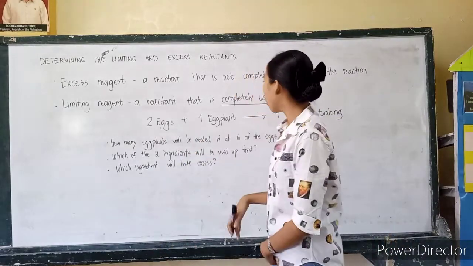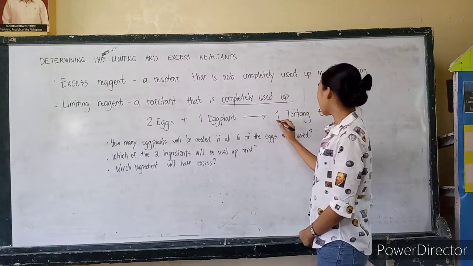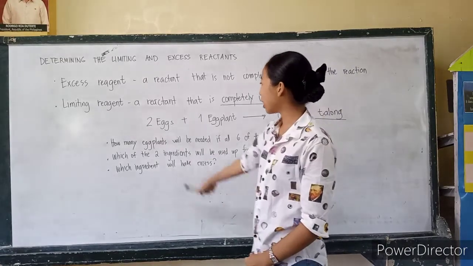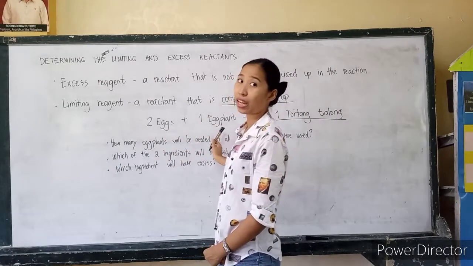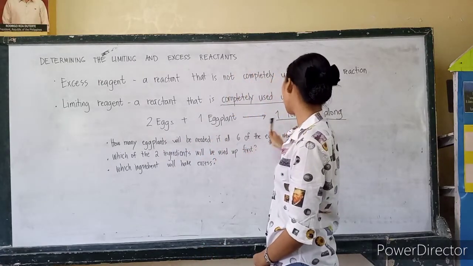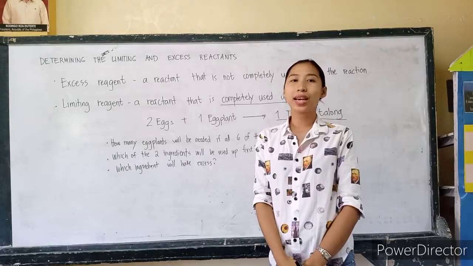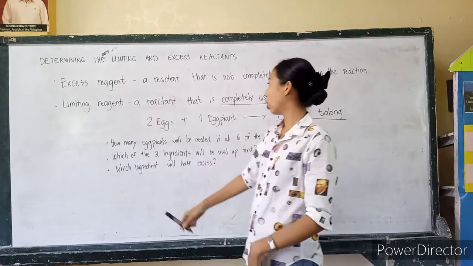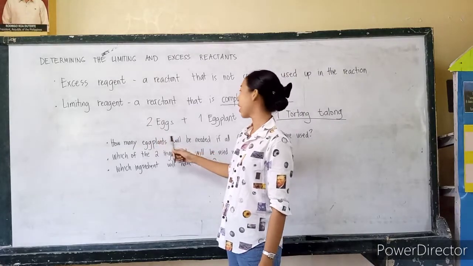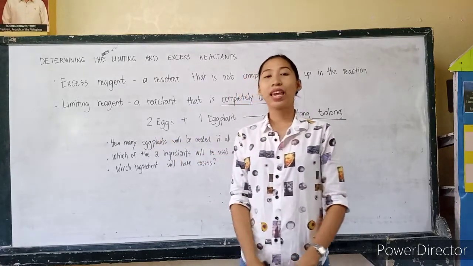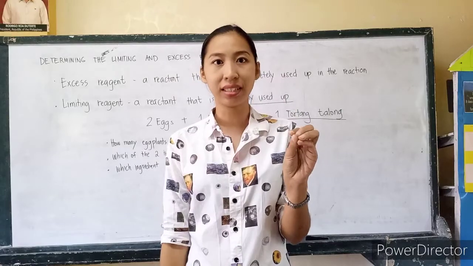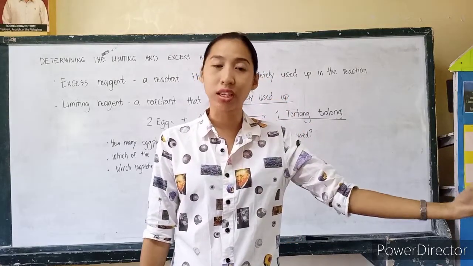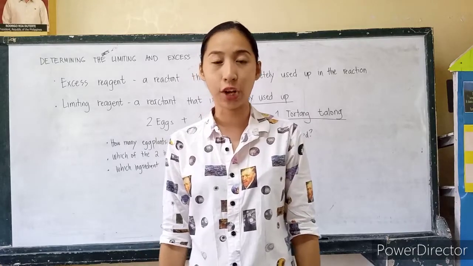To make one tortang talong, this is your product, and these are your reactants. You need to combine two eggs and one eggplant. Again, for every eggplant, you use two eggs to get one tortang talong.